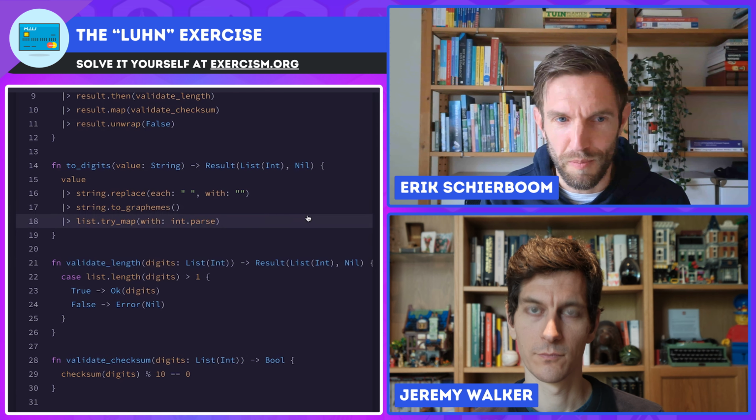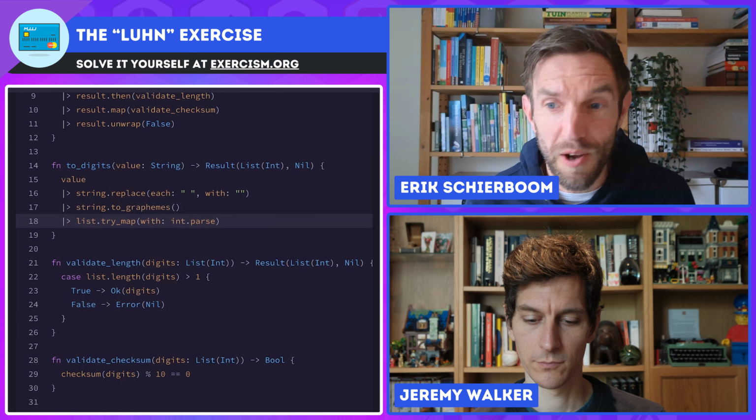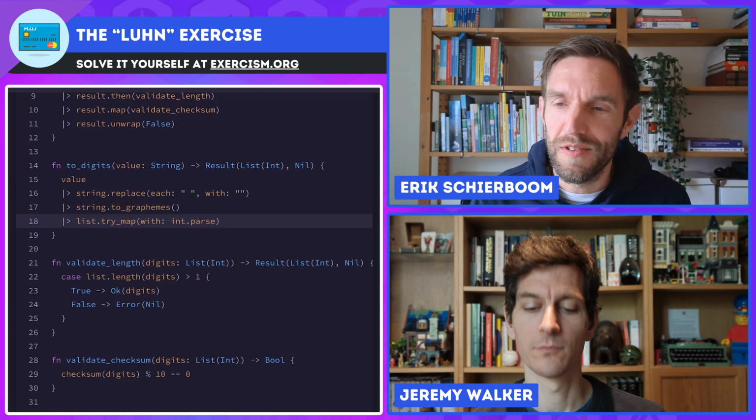And that is list.try_map. So you pass that a function, int.parse. And what this will do is it will go over all the elements in the list, and it will call int.parse for each of those elements. But an additional thing that it will do is it will check the return value of int.parse, because int.parse could fail. So it will return a result type too.